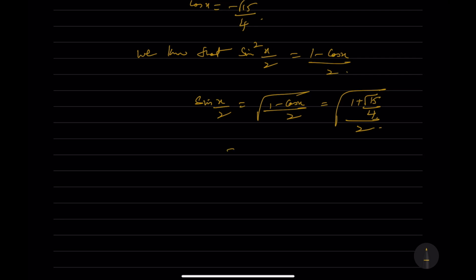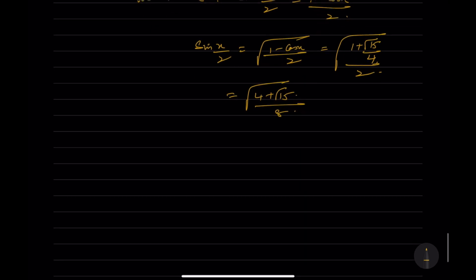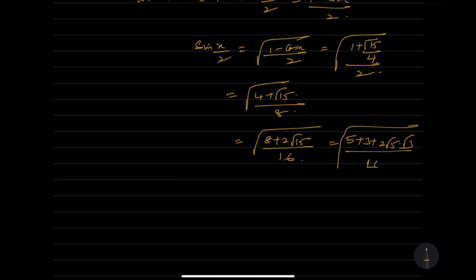So which is equal to root of 4 plus root 15 divided by 8. So which is equal to, now multiplying in the numerator and denominator by 2, you get it as 8 plus 2 root 15 divided by 16. So which can be written as 5 plus 3 plus 2 root 5 into root 3 divided by 16 under root.